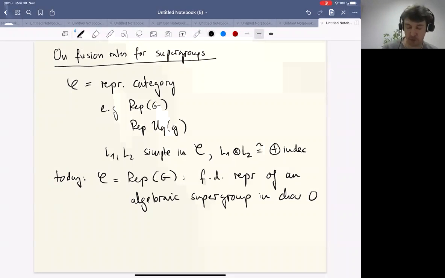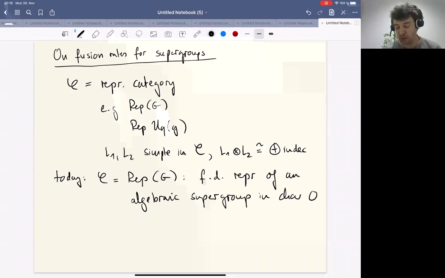And I will focus on two cases. Before I specialize, let me say that in this generality, and even for these special cases, this question is completely open. Very, very little is known.